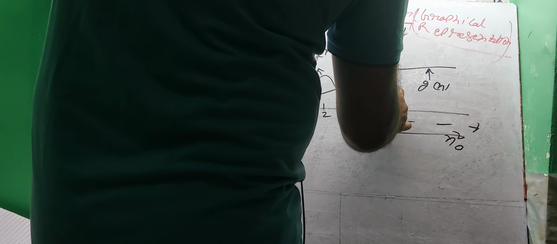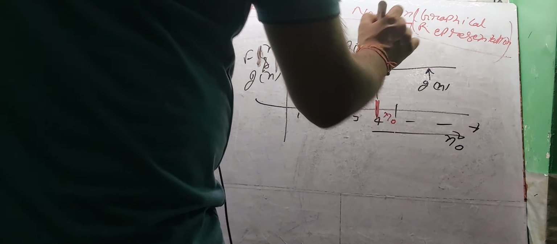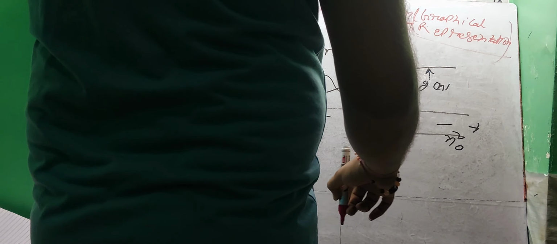If we take n naught here as 4, or any n naught value, then from n naught, for all values greater than n naught, this condition will hold true.